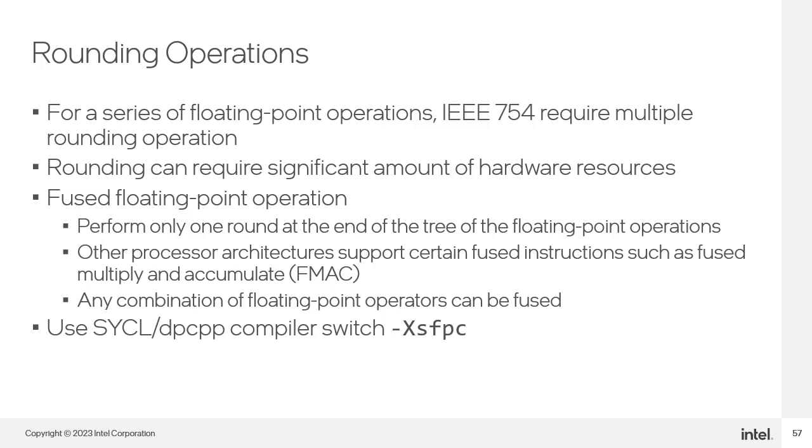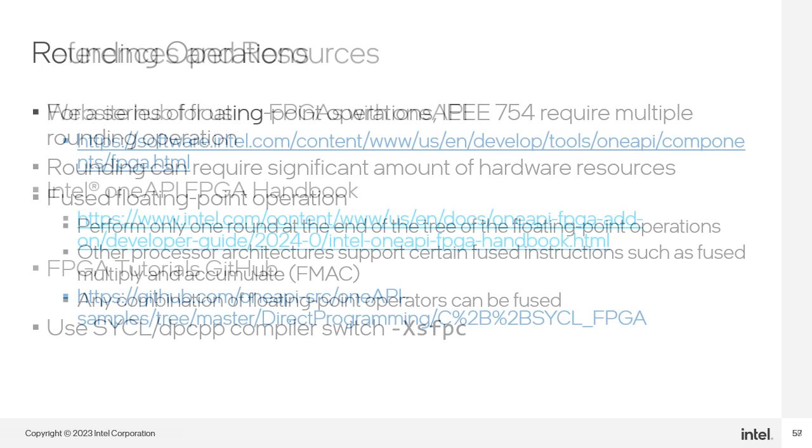Other processor architectures support certain fused instructions such as fused multiply and accumulate (FMAC). This optimization technique may not produce a very accurate result, but if you're not concerned about exactness and accuracy, then you can tell the compiler to reduce rounding operations by turning on the -Xsfpc switch. As a rule, when using floating point operations, it's best to set all the flags to true.